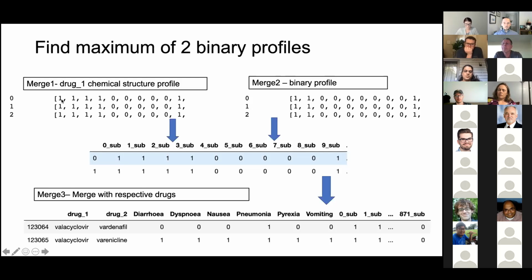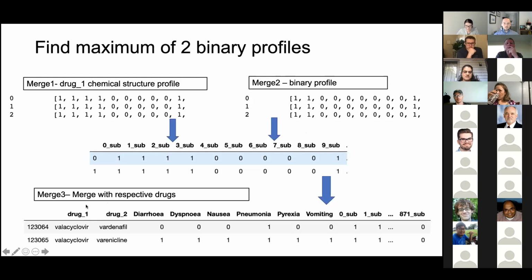So what I mean is, this is chemical structure 1, 2, 3, 4, 5 for drug 1 and 1, 2, 3, 4, 5 for drug 2. So what is the maximum of 1 and 1? That will be 1. And for example, 0 and 0 will be 0. And 1 and 0 will be 1. So it is an oversimplification, I agree, but that's something I had to do to build the model.